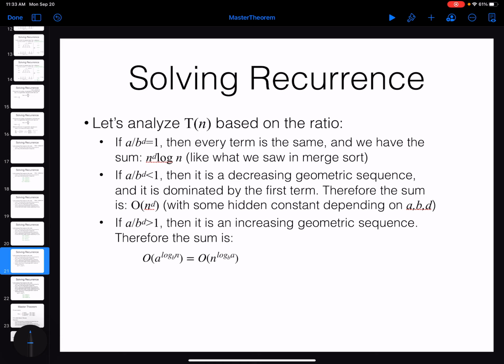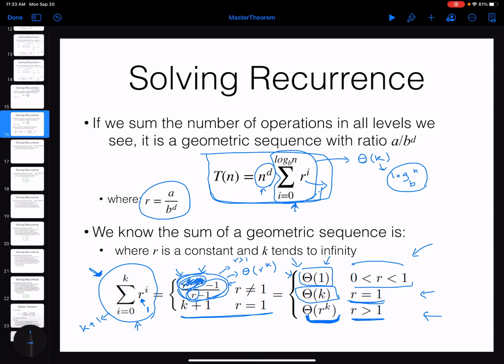And the last case. The last case is when the ratio is greater than 1. When the ratio is greater than 1, if we get back to here, let me just clean up a little bit to make it more readable. If the ratio is greater than 1, the summation will be equal to the ratio to the power of k, multiplied by n to the power of d.